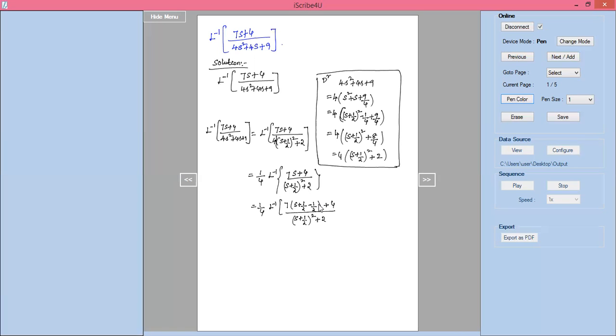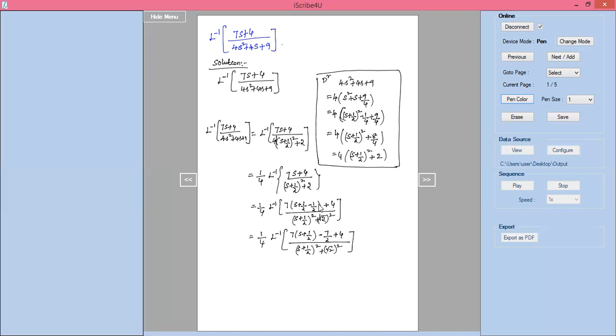Plus 2 only I'm writing as root 2 square. Now I'll write 1 by 4 into L inverse of 7 into s plus 1 by 2, minus 7 by 2 plus 4, divided by s plus 1 by 2 whole square plus root 2 whole square.